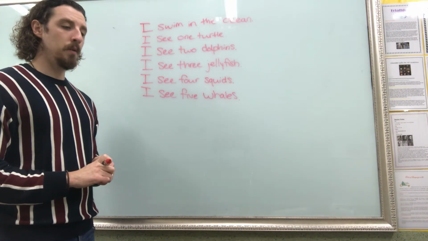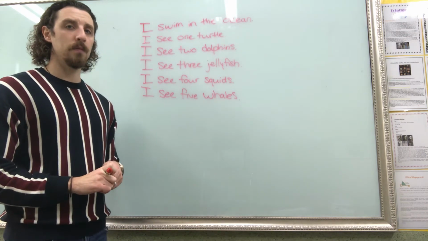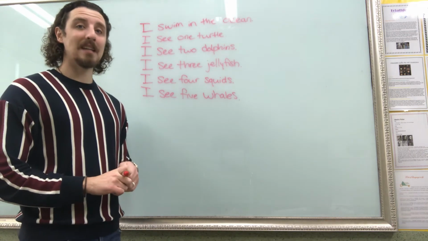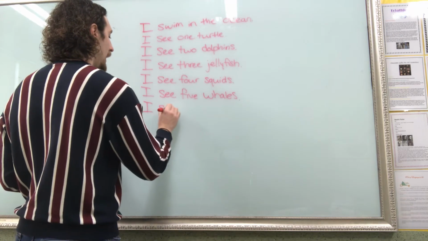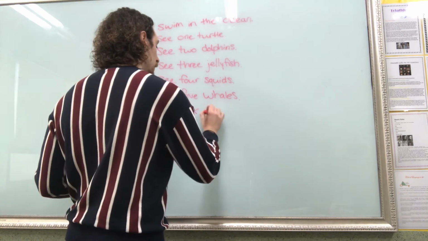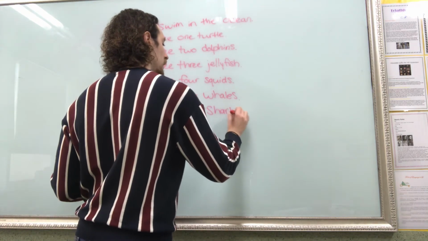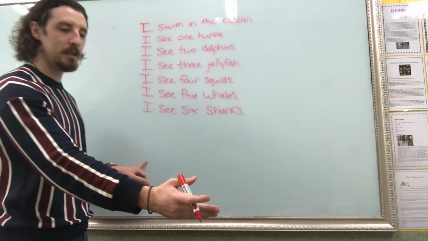And the last one was sharks. How many sharks did we see? We saw 6 sharks. So, I see 6 sharks. Okay? And remember, we have the sentence at the end.